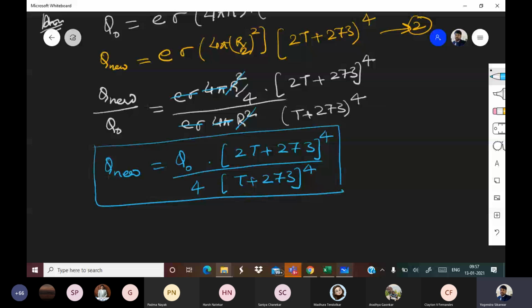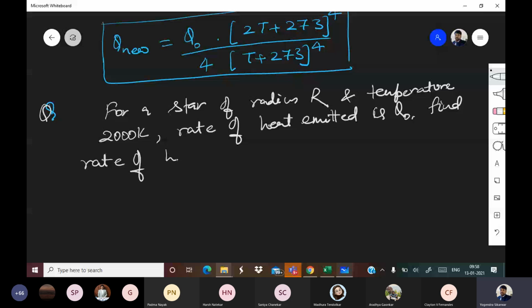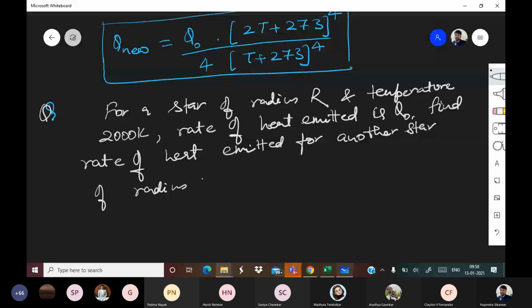Find the rate of heat emitted for another star of radius 2R and temperature 2500 Kelvin.